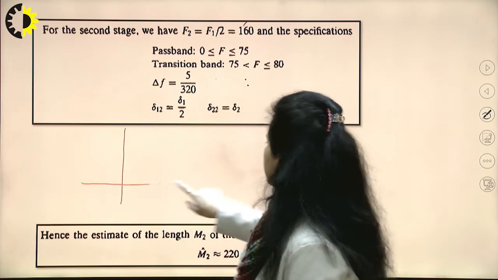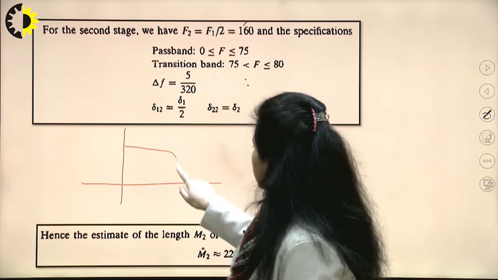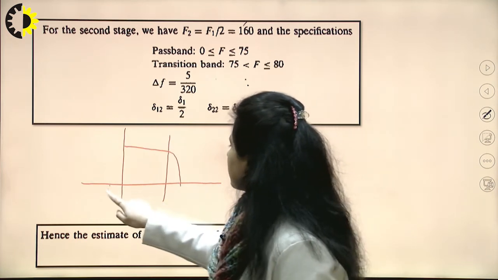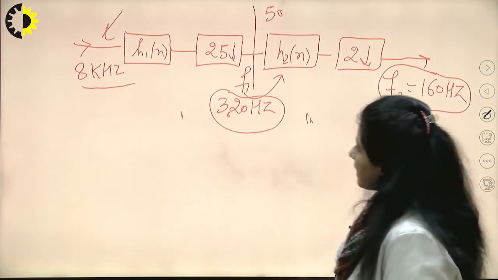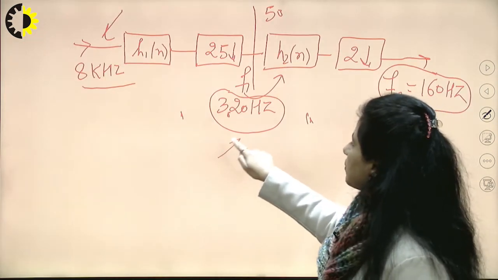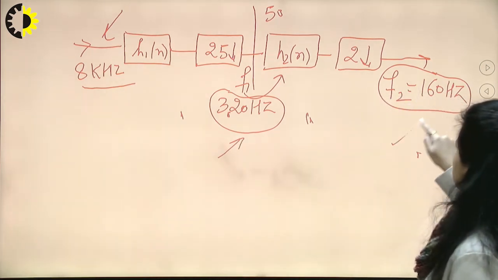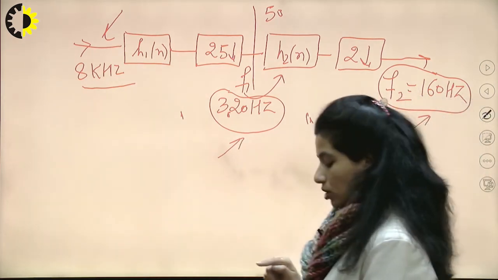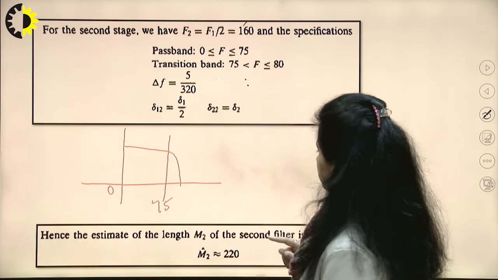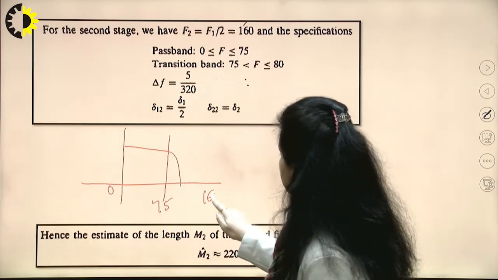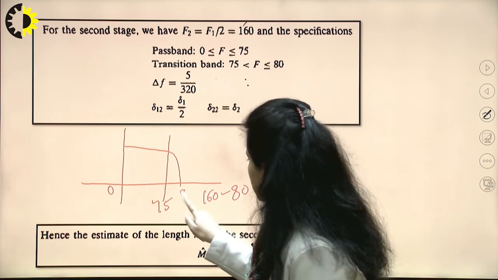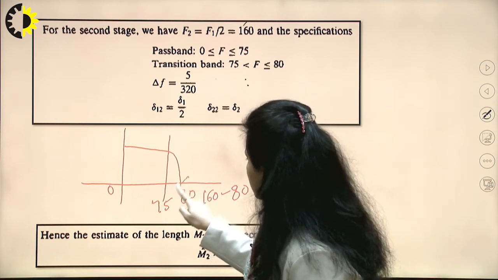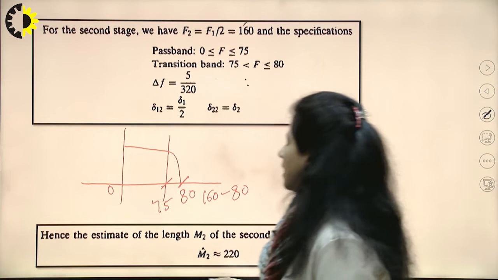How does the filter appear? The passband is of course from 0 to 75. What about the stop band? In the diagram I see 320 is the input frequency and 160 is the output frequency. So 160 minus 80, where the stop band is beginning, it is 80. So this is my stop band edge, and this is my pass band edge.